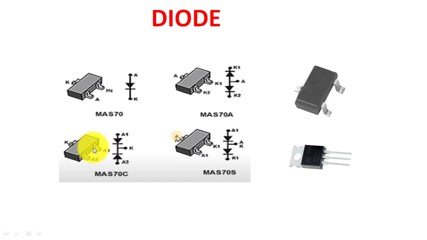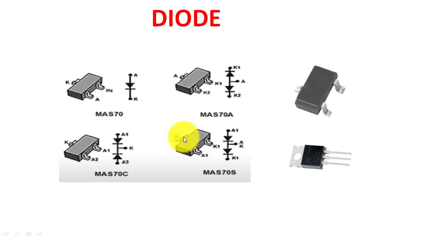So we can say common cathode and two anodes. So the anodes will be the same and the cathode will be the other. With common cathode, the anode points will pass the same voltage or signal. And there is a completely different use.